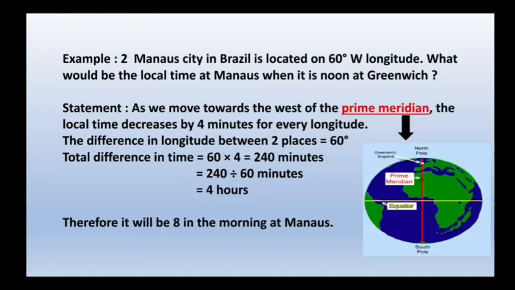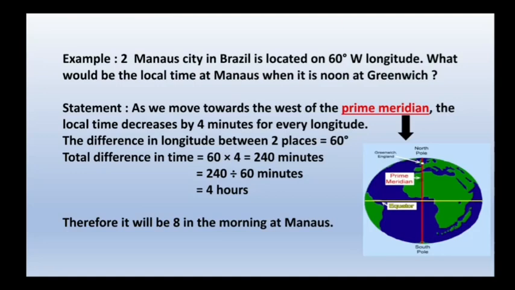The difference in longitude between two places is 60 degree. Total difference in time is 60 into 4, that is 240 minutes. So 240 divided by 60 minutes becomes 4 hours.